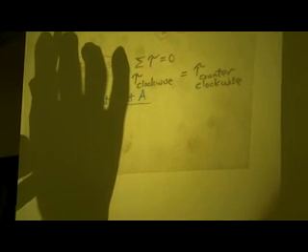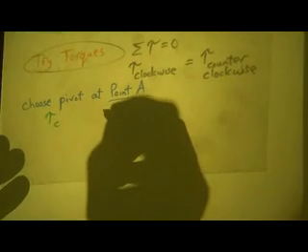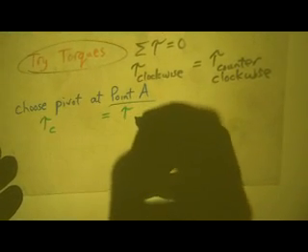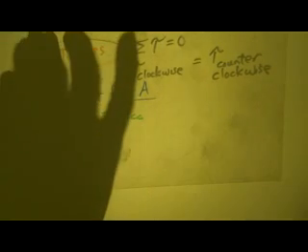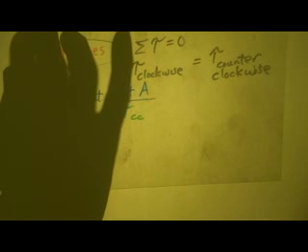At this pivot point right here, I'll go torque clockwise equals torque counterclockwise. I don't know whether FA is making a clockwise torque or a counterclockwise torque, and it doesn't really matter because there's no distance.